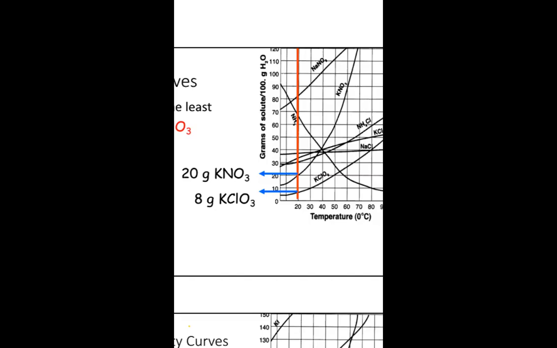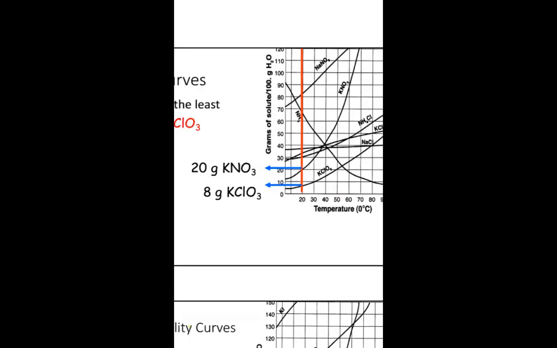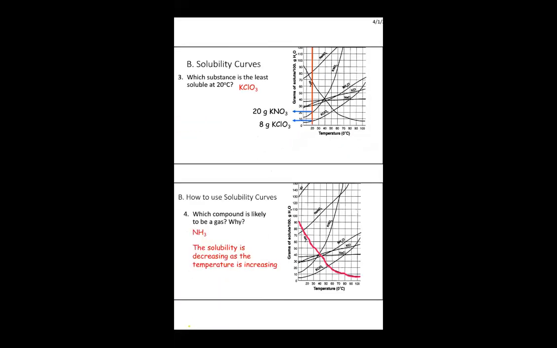So we checked the intersection between 20 degrees Celsius and the highest point. The curve with the highest point is NaNO3, because NaNO3 gives about 80 grams in 100 grams of water. Is it understood? That's what I was trying to explain there.